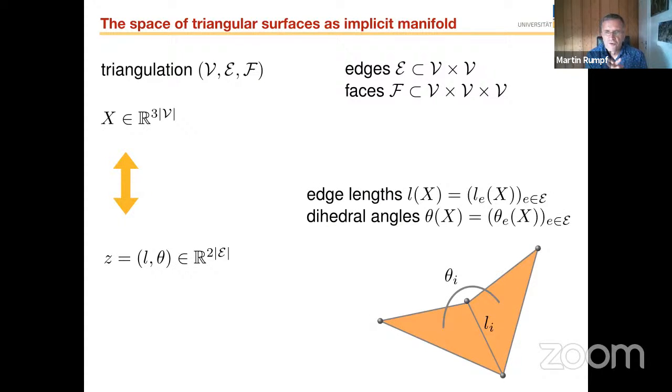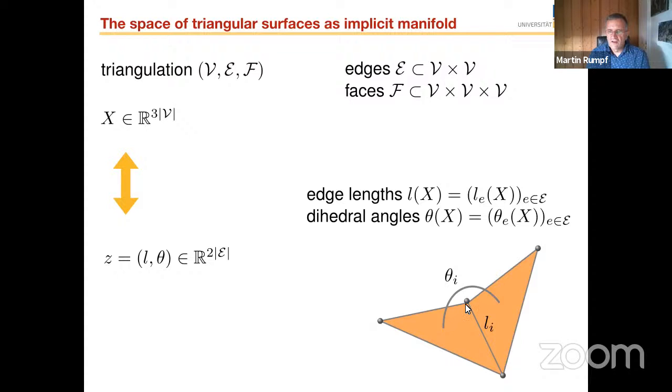But there is another perspective onto triangulations with a different set of variables. Namely, the variables are now all the edge lengths, which can be computed based on the vertex positions, L of x, and all the dihedral angles, which is sketched here below, at some edge, the angle between the adjacent facets.